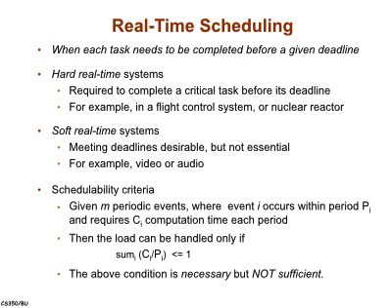You can categorize real-time systems as hard real-time systems and soft real-time systems. Hard real-time systems are those where the deadlines have to be met. If you don't meet the deadline, then something bad may happen.